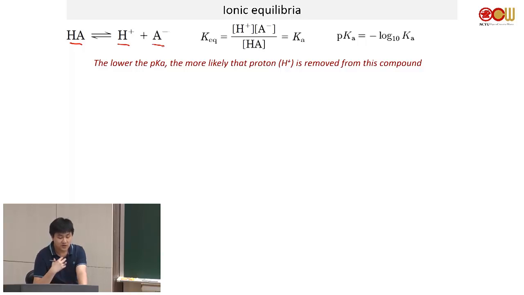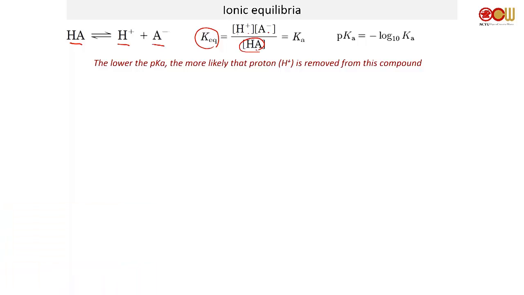You can arrange that into its equilibrium constant, Keq, being the concentration of proton times the concentration of conjugate base, divided by the concentration of the acid itself. Of course, we like to give it a different name. We just call it the acid constant, Ka, because we know that it's for an acid.